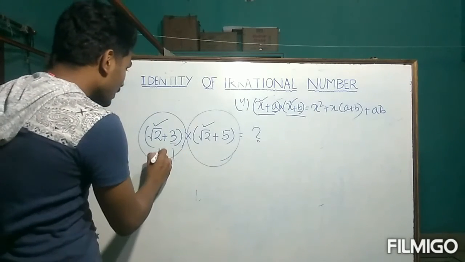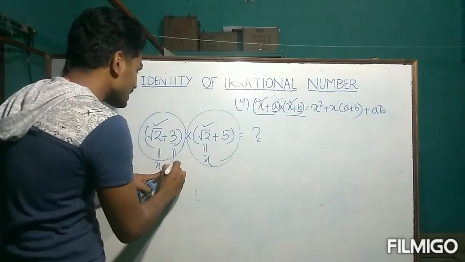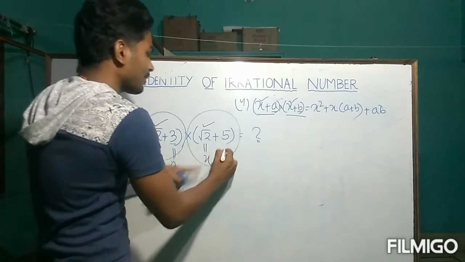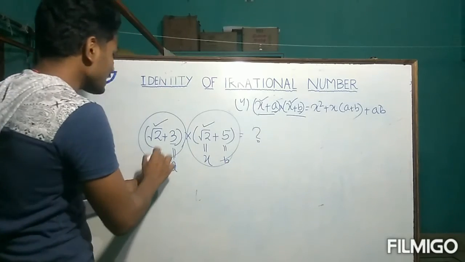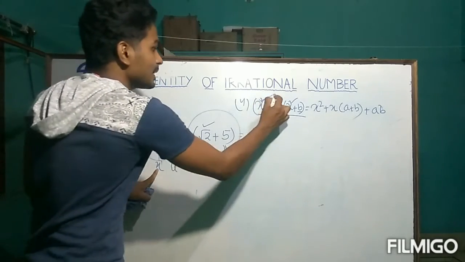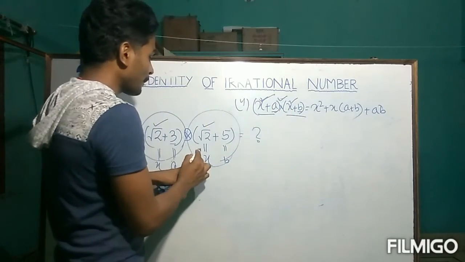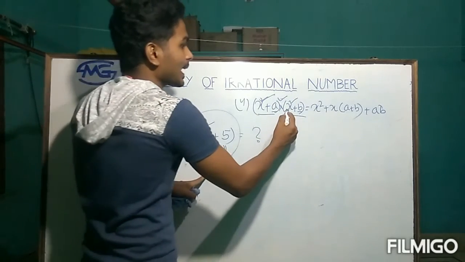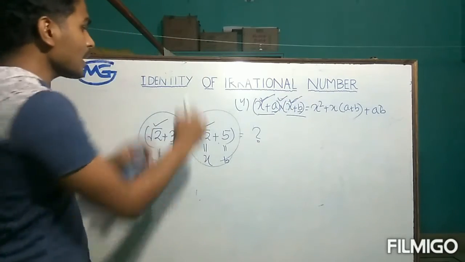So we can say root 2 as x, and 3 as A and 5 as B. So they will make the formula (x plus A) into (x plus B). So they will make this formula.